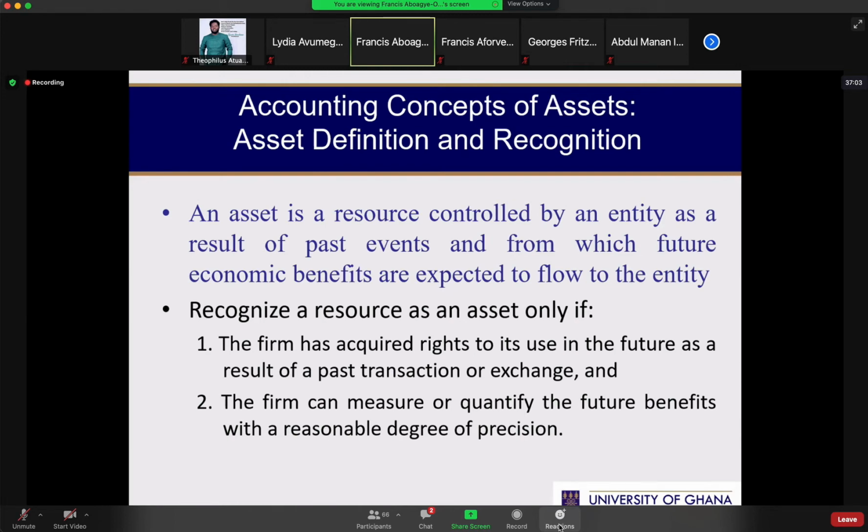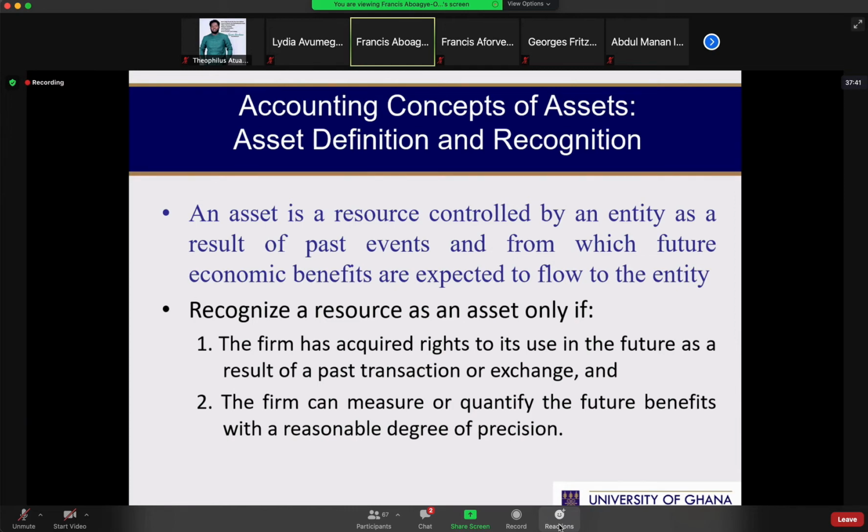Remember that the rights here are property rights and not ownership rights. Property rights here have to do with the right to use, the right of control. Then that resource should bring you benefits, which you can quantify with some degree of precision.